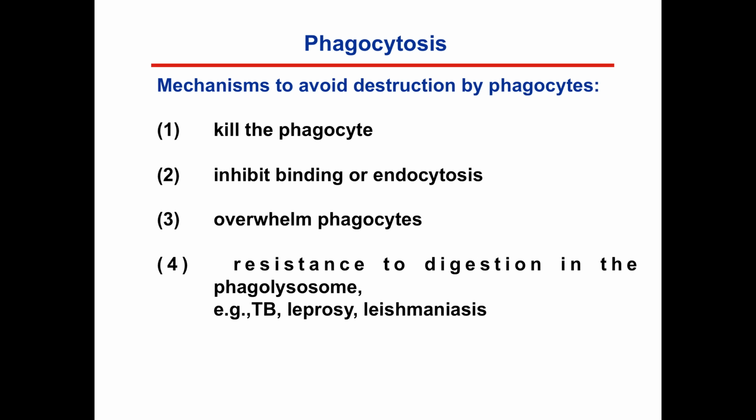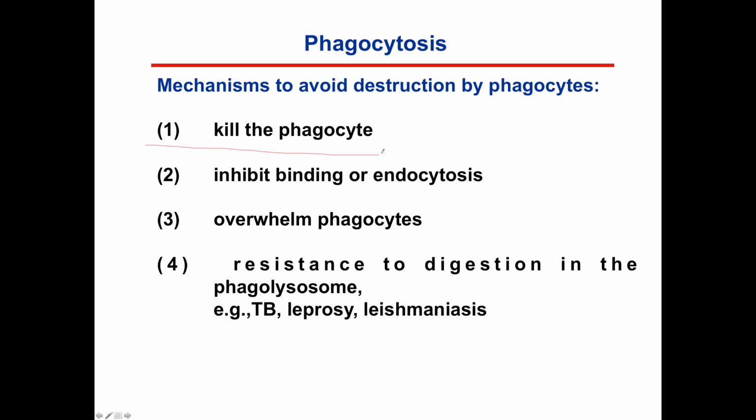There are a number of mechanisms by which bacteria have evolved to get around phagocytosis and thus stop inflammation from occurring. Some of those ways are to kill the phagocyte. Once inside, they can produce a toxin that will kill the macrophage.